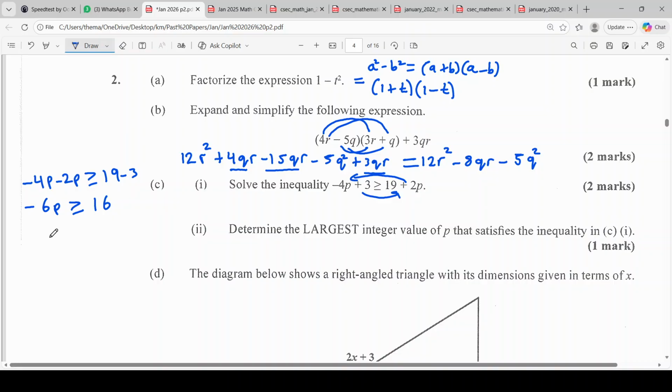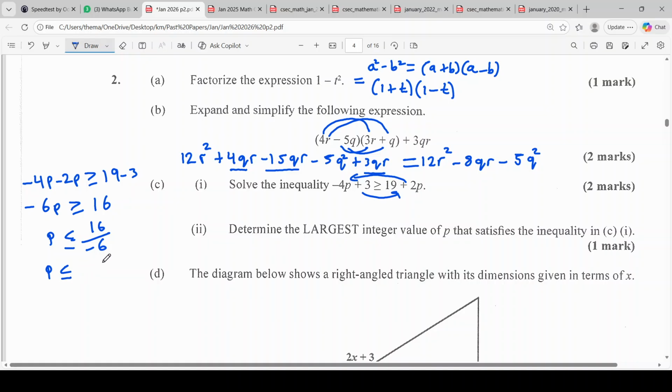What we're going to do next, we want to get p by itself. Since this is negative 6 multiplying by p, we need to bring this across and divide. And when we bring across a negative number and we're dividing or multiplying, we need to switch that inequality sign around. Right? So we get p is less than or equal to 16 over negative 6.